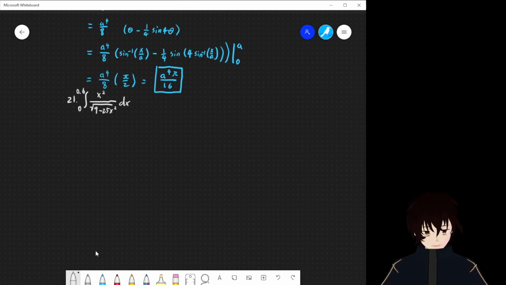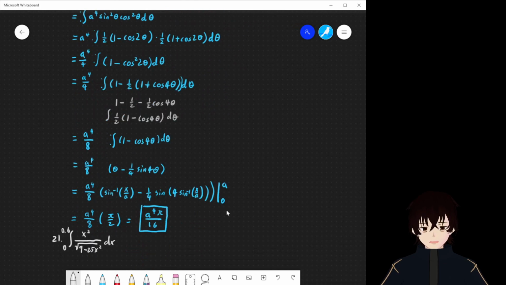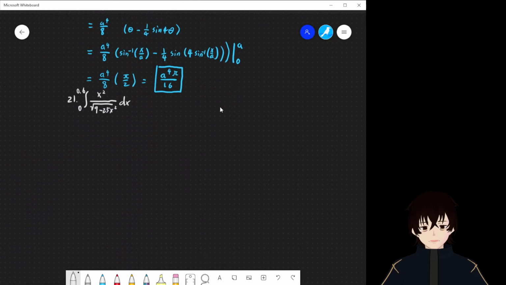Everything is correct. 9 minus 25x squared, that seems like another sine substitution. Ooh, okay. So x has to be equal to 3 over 5 sine theta. dx is, of course, 3 over 5 cosine theta d theta.